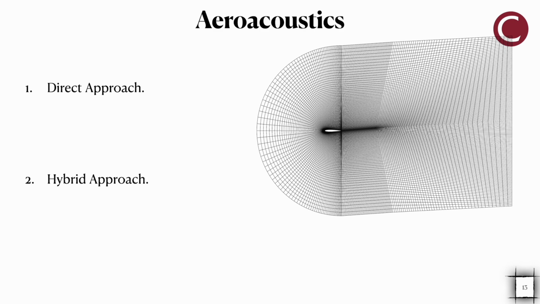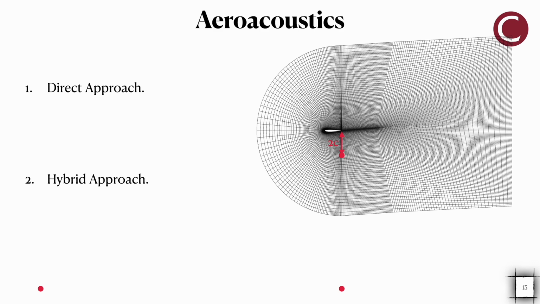But what's the problem with the direct approach? Let's say that we're interested in computing the noise 2 chords below the trailing edge. So this will be in our computational grid, and there shouldn't be any problem. But what if we're interested in a location, in an observer that is located 100 chords below the trailing edge?